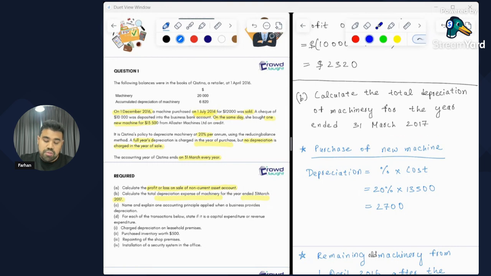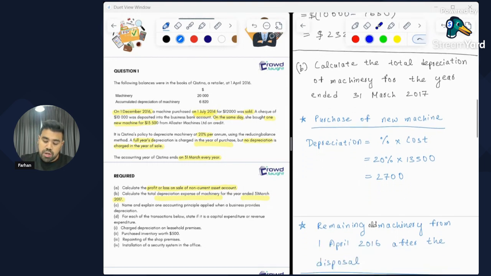All right, so first of all, we want to look into the purchase of the new machine. Now, the purchase of the new machine is mentioned in the last line of this first paragraph, which says, on the same day, she bought one new machine for $13,500 from All Star Machines Limited on credit.